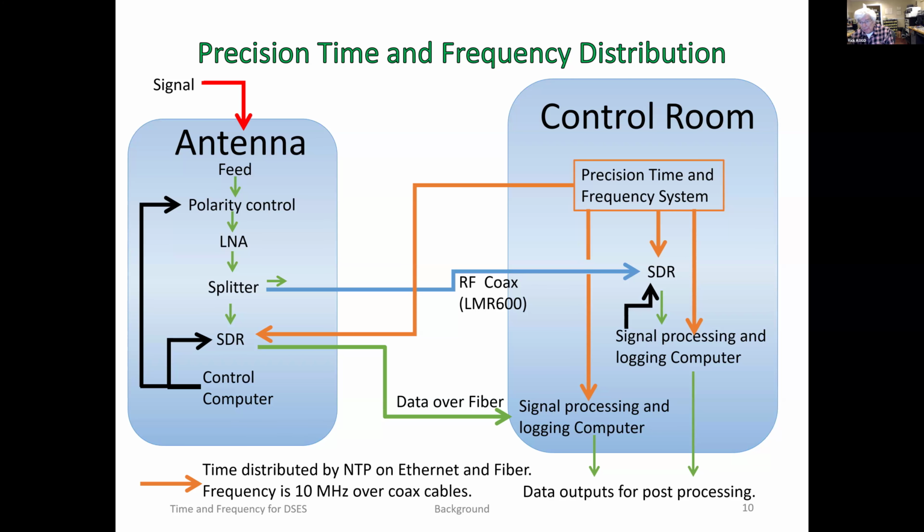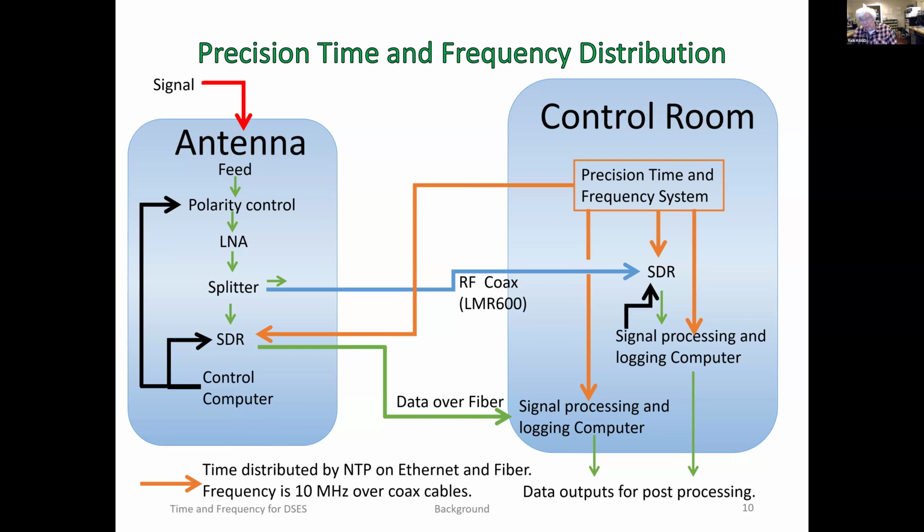And the longer lines pointing down to the signal processing computers are timestamps from the precision time portion of the system that allow us to have timestamps on our data that are as good as 100 microseconds.